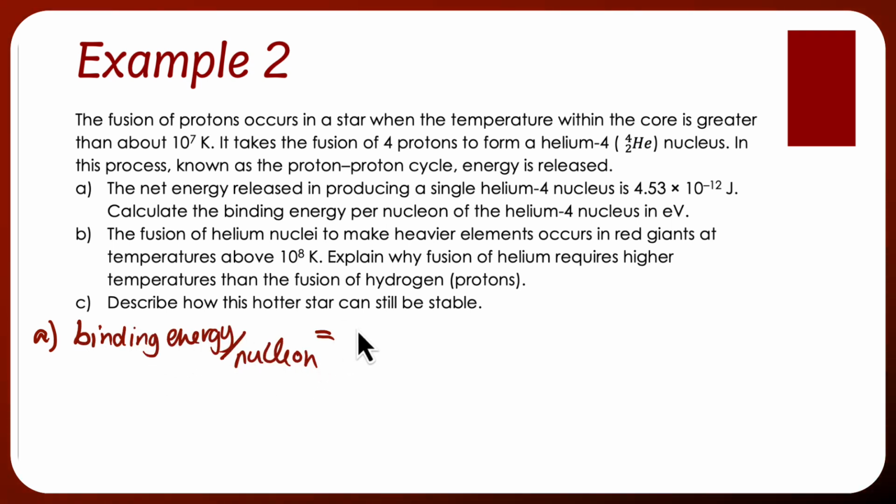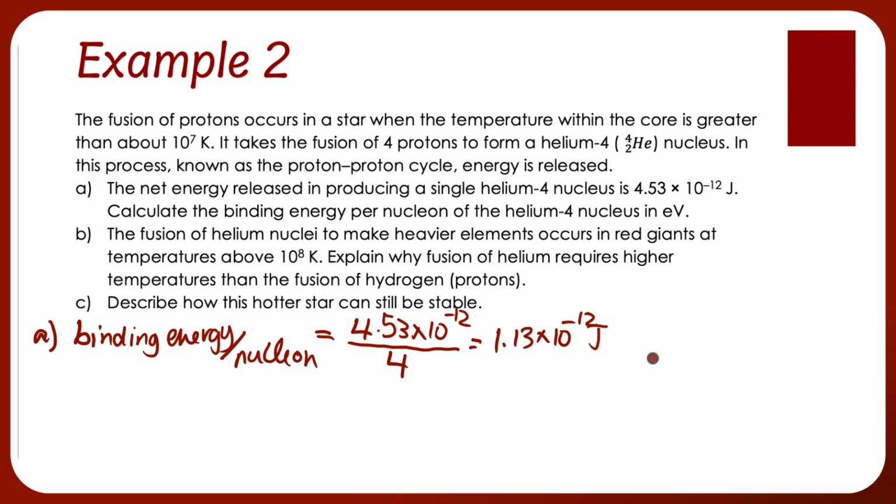Okay, so our total binding energy was 4.53 times 10 to the minus 12. That's in joules. And there are 4 nucleons. They're making sure you know what the term nucleon means. And if I pick up my handy dandy calculator, I get 1.13 times 10 to minus 12 joules.